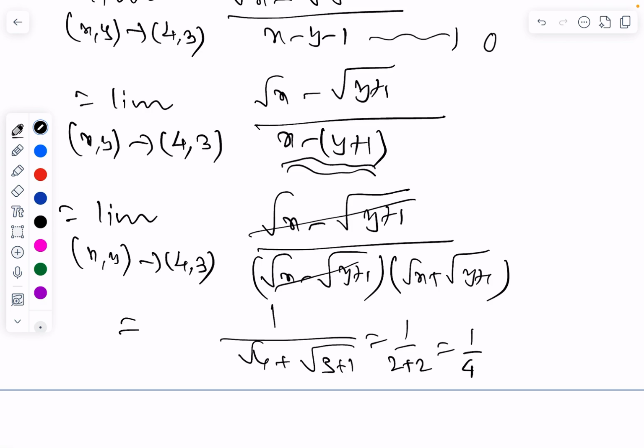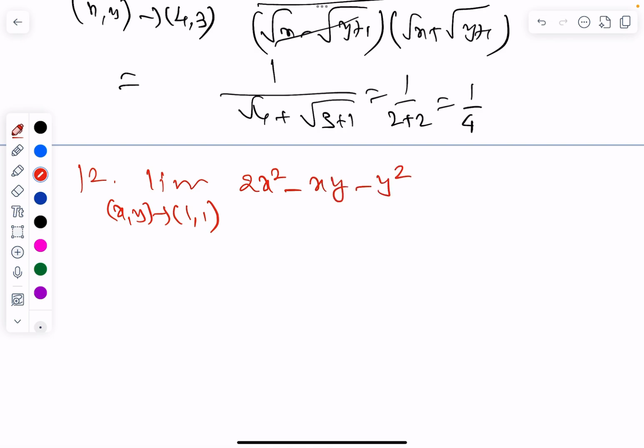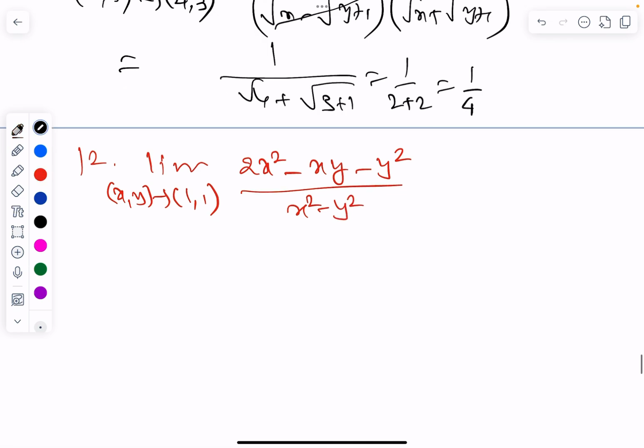So one more example. Limit xy tends to 1, 1, 2x square minus xy minus y square over x square minus y square.